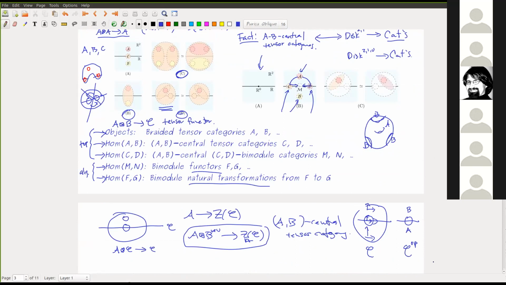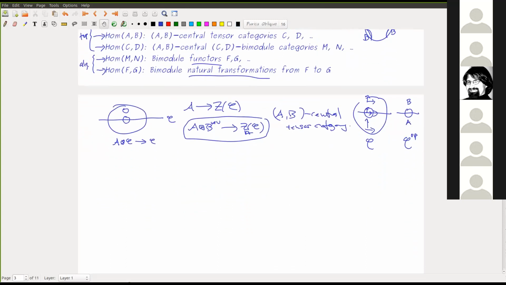A theorem of ours is that a braided tensor category is modular if and only if it's invertible in this. Or, sorry, that's not quite if and only if, but yeah. You said that in your Western Hemisphere talk. That's right.